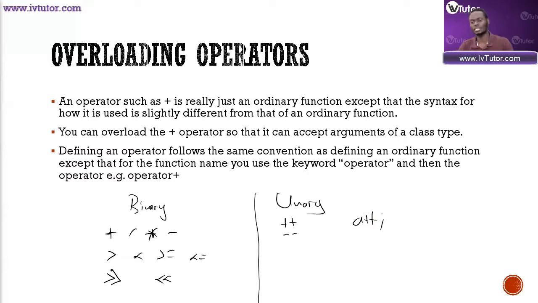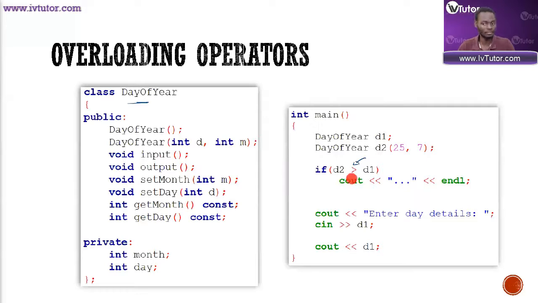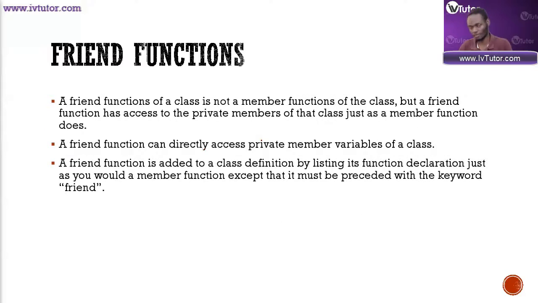And what we want to do in this case is learn how to overload these operators so that we can use them with our class. We can overload these guys, we can overload these guys, we can overload these guys. So we can actually overload any operator. Now, when overloading operators, I want you to fully understand that there are two ways to overload these operators.